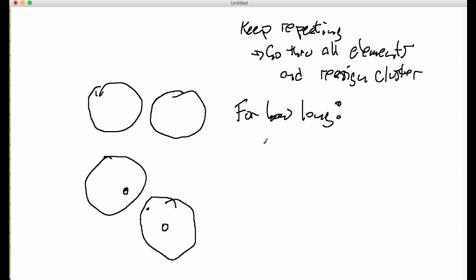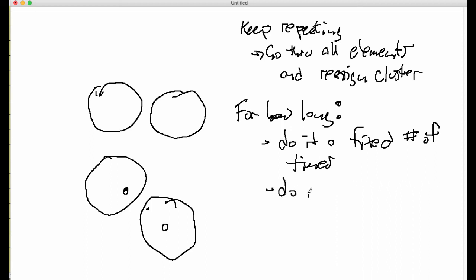Now you could say, do it a fixed number of times: 20, 30, 50. Or you could do it until the improvement is small.